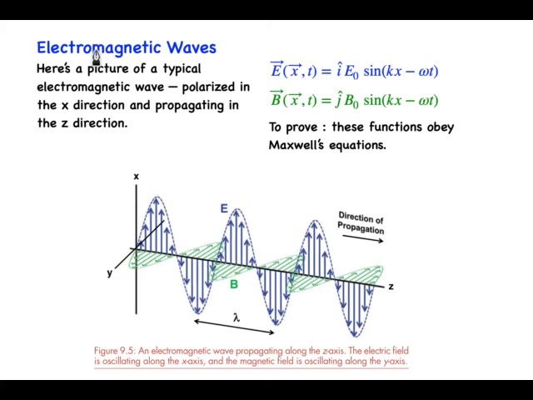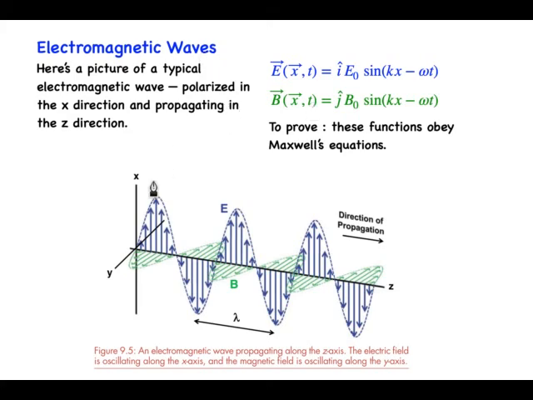So now, what's undulating? What's oscillating? It's the electric and magnetic fields. So we'll have an electric field which depends on position and time, and a magnetic field which depends on position and time. And they have to go together and satisfy Maxwell's equations.